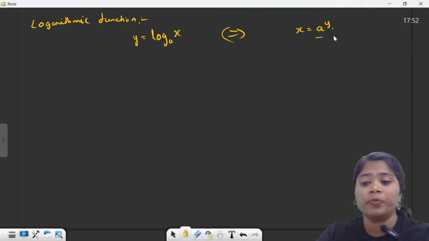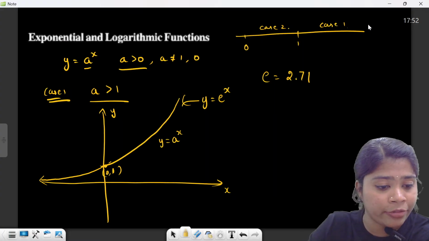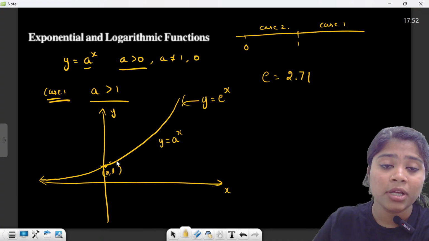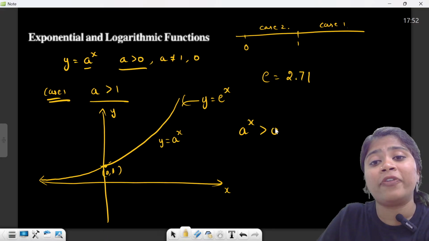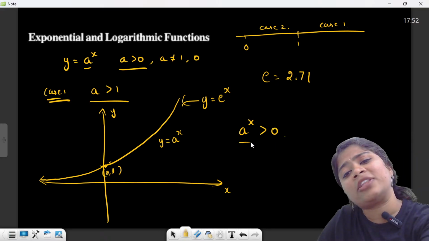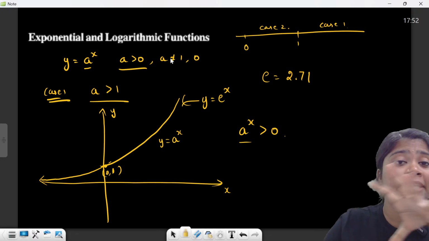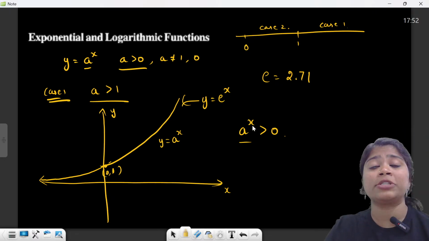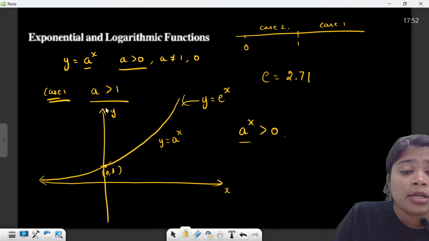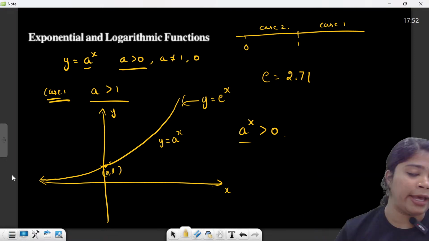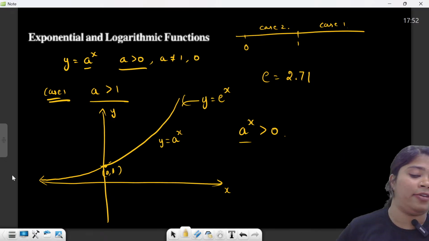As I told you before, for the exponential function a power x, this is always greater than 0. Whatever the base, if it is greater than 0, then of course a power x must be greater than 0. So it covers only the positive y-axis. But the input x can take any value.